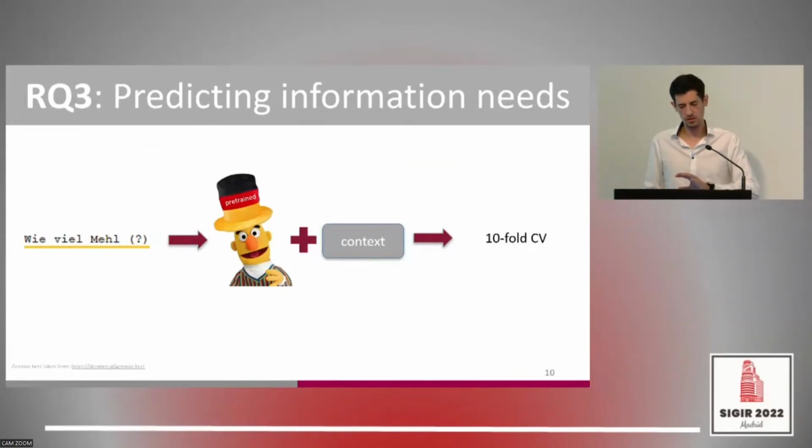After this whole qualitative process, I was also trying to see if I can use this naturalistic data to predict the information needs. So what I did was take a query such as how much flour do I need, and pass it on to a fine-tuned German BERT model with different amounts of context, performing tenfold cross-validation.